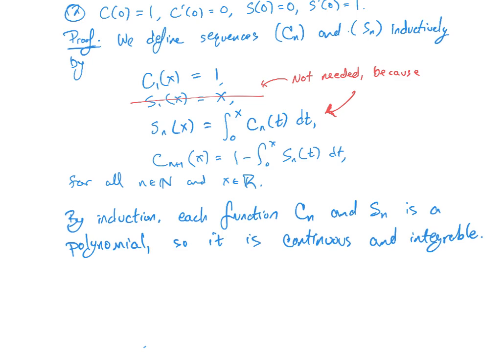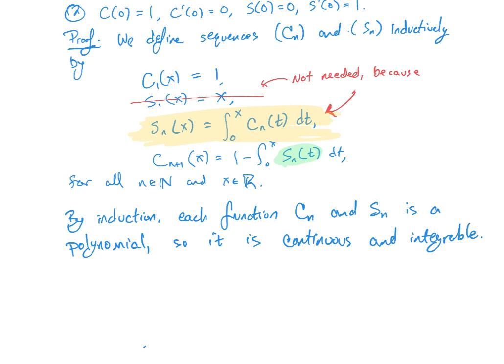So let's just say, C1 is clearly a polynomial, so it's continuous and integrable. Therefore, S1, where I've crossed out the line where we define it as x, we're just using the line where we define it as an integral. Well, since C1 is a polynomial, it's integrable, and its integral is continuous. And actually, its integral is a polynomial. So we see that S1 is a polynomial. And then we plug that in, and we see that C2 is a polynomial.